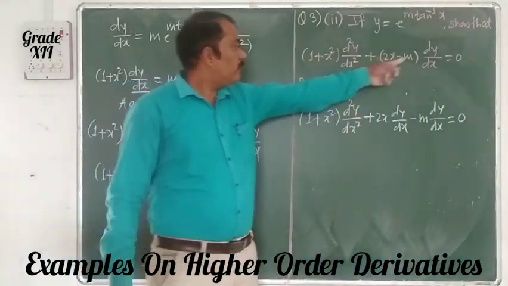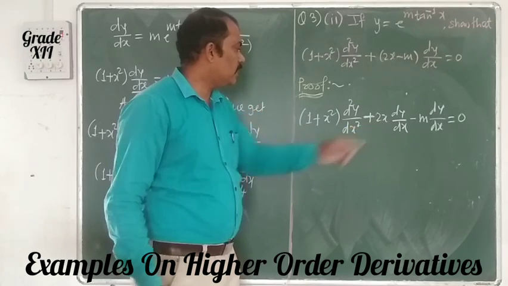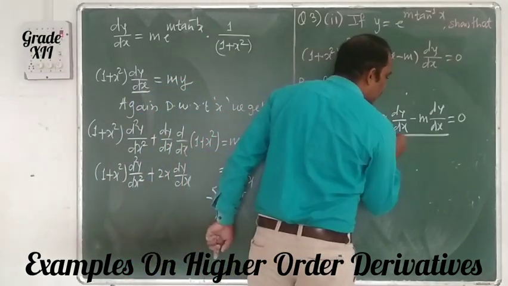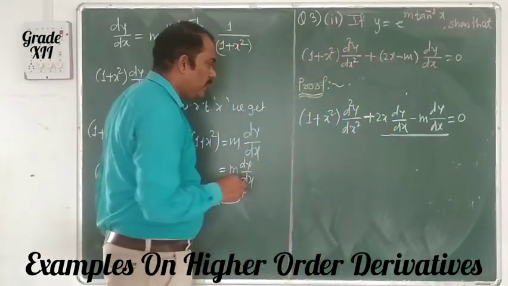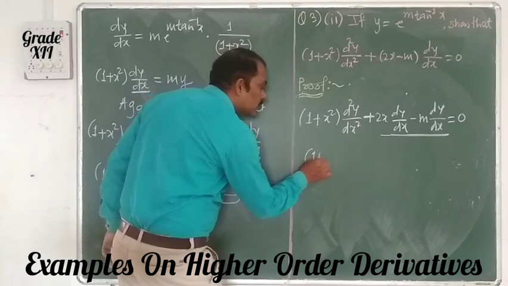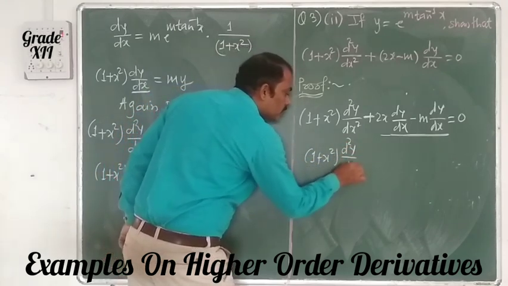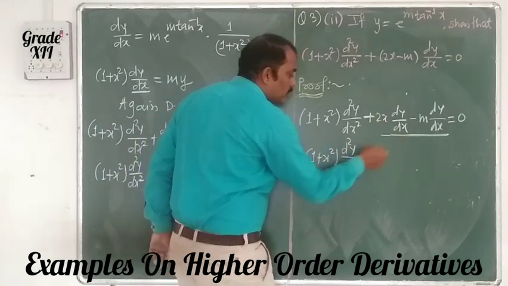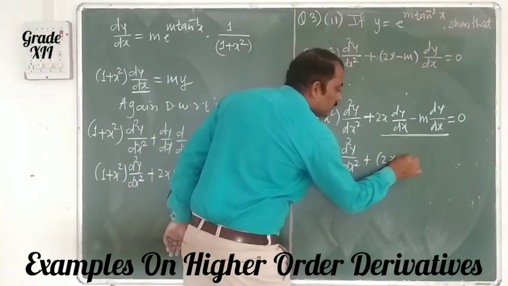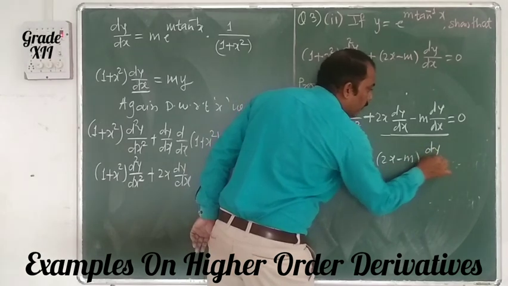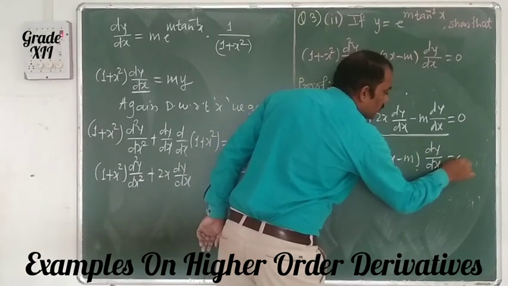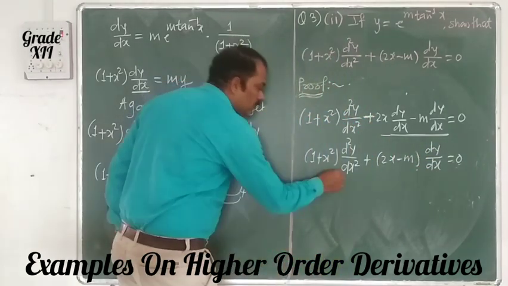Here dy/dx is common, so from these terms we take dy/dx common, so that (1 + x²) d²y/dx² + (2x − m) dy/dx is equal to 0. Hence proved.